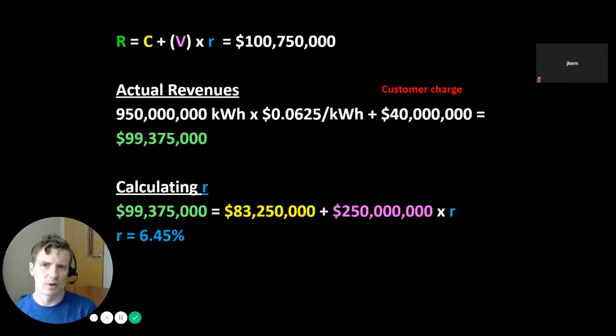So then we can figure out what actual revenues they would make, right? So again, we're assuming that they're not changing the price of electricity, right? So they're no longer selling 1 billion kilowatt hours of electricity because they lose 5% of their demand.